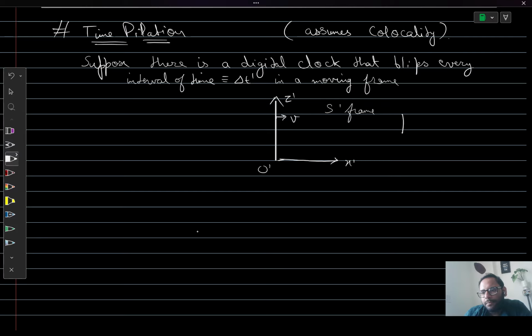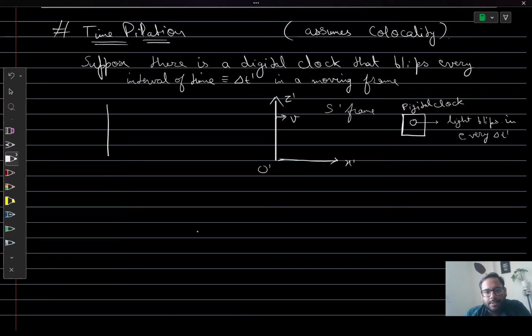Suppose light blips here, or you can say every delta t prime. So this is a digital clock, suppose, and why are we taking this? I will tell you.